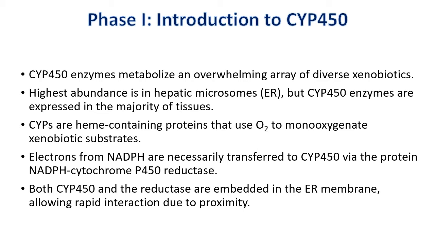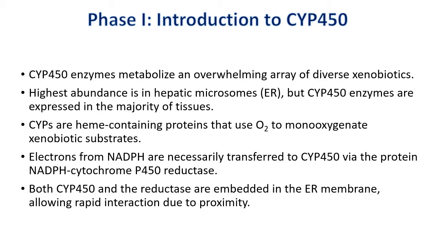Cytochromes are heme-containing proteins. So just like hemoglobin, these require that porphyrin ring called heme, and that is what's binding to the oxygen. So you might not have realized that these enzymes are actually related in a sense to hemoglobin, because they use the same structure to bind oxygen, and that oxygen is required for the oxidative reaction.